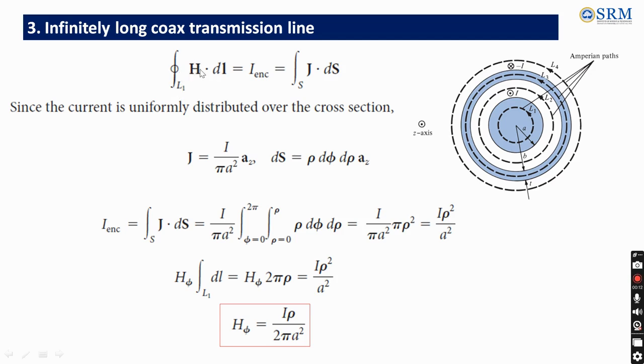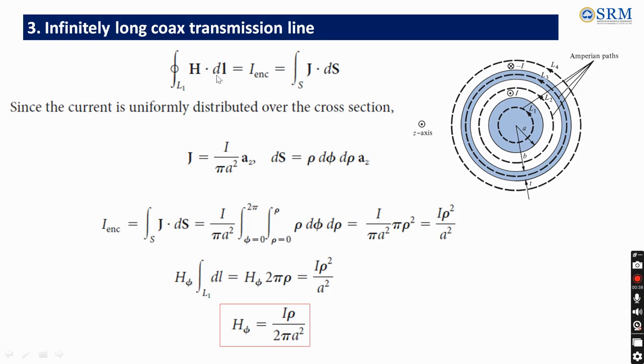My H vector in cylindrical coordinates is H rho into a rho cap plus H phi into a phi cap plus Hz into a z cap. Since my radius is constant, the H rho term will not come into the picture. So only the phi term comes, the H phi component, H phi into a phi cap.